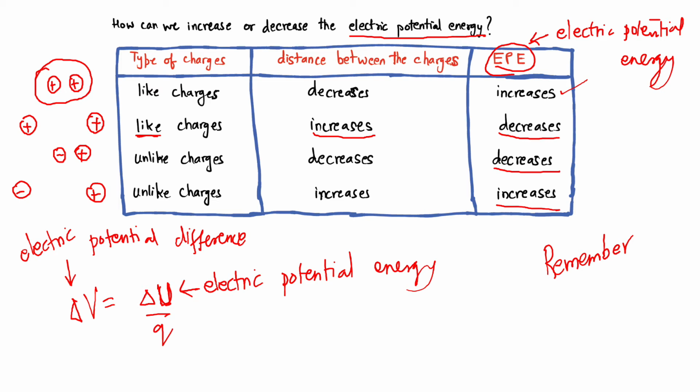In the same way, if I have to keep unlike charges away from each other, you know that they would naturally attract. But if I want to keep them away from each other, we have to do more work to keep them away. That means their electric potential energy will increase. And the opposite will happen when you are trying to decrease the electric potential energy.